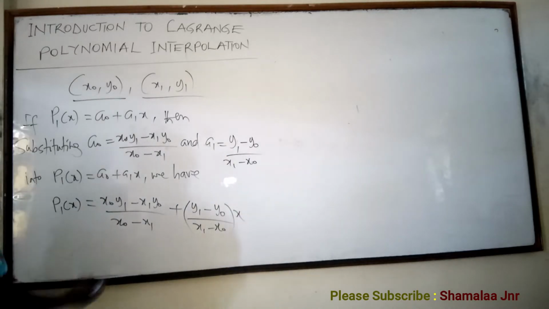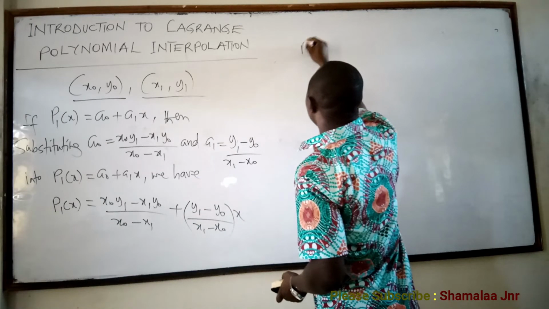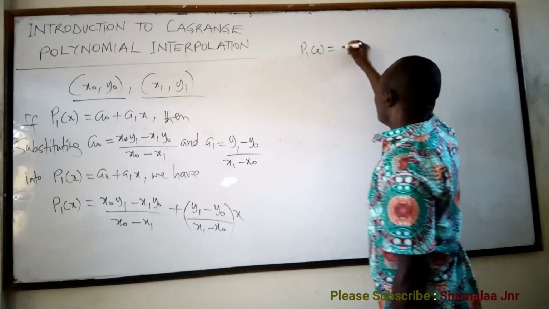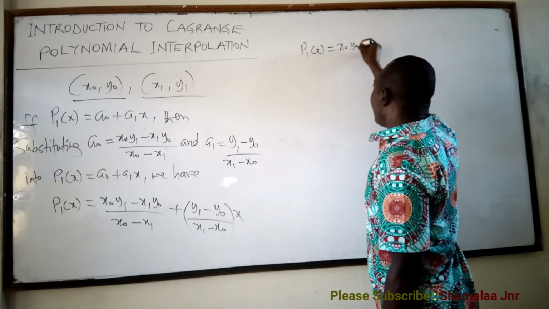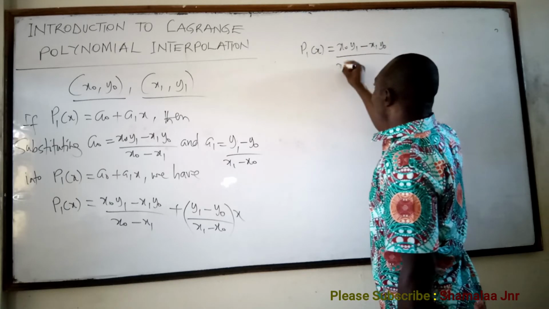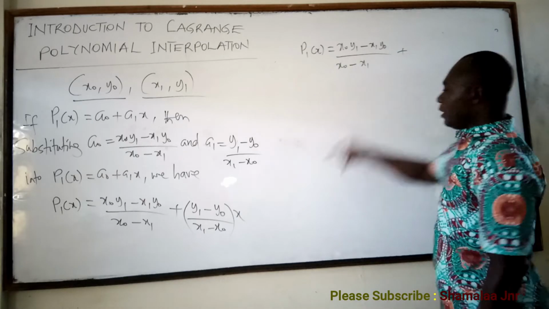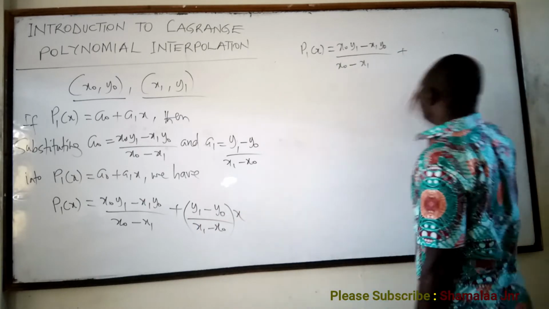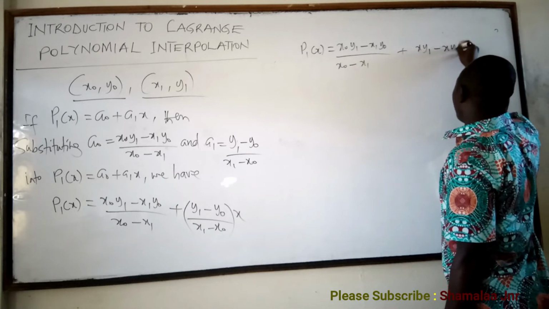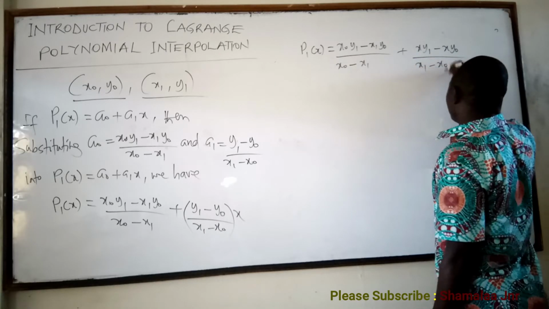Now, this is the same as, let's continue from here. This is the same as p1 of x is equal to s naught y1 minus x1 y naught all over s naught minus x1 plus, let's expand this. So this one will be x y1 minus x y naught all over x1 minus s naught.